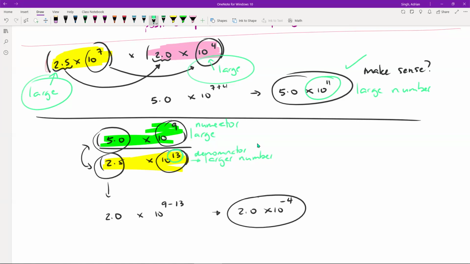So if I divide a large number by a larger number, I should get a small value, right? It's like dividing 10 divided by 100, right? You have a large number in the numerator, but an even larger number in the denominator. Well, 10 divided by 100 gives you a small value, right? 0.1. So just using that idea, we can predict that we should get a small value for our answer. Right, and here, minus 4 as my exponent tells me, yes, it is a small value.